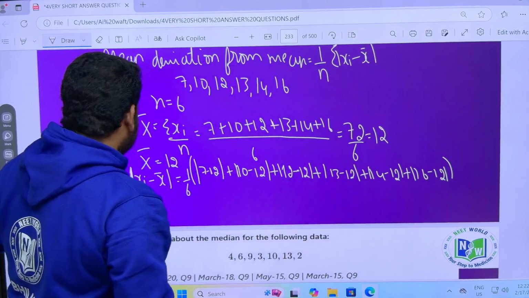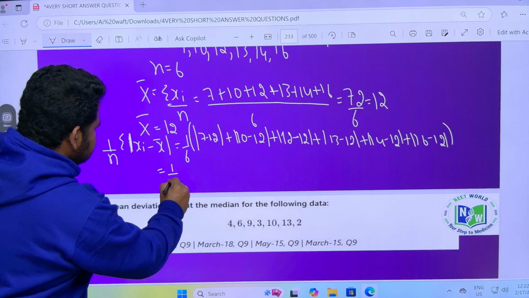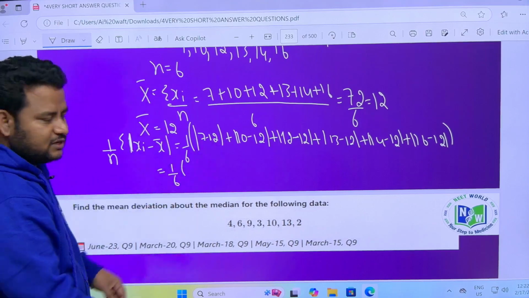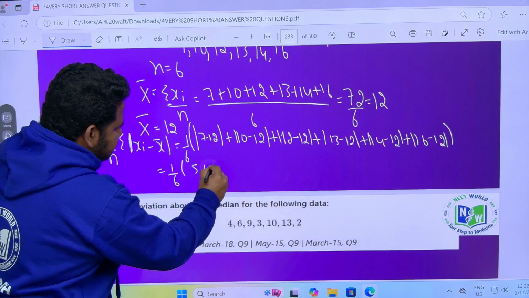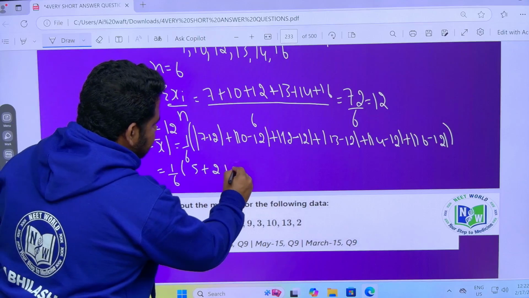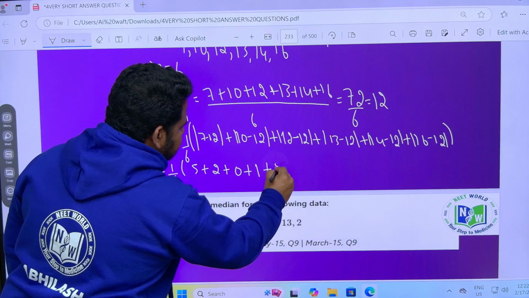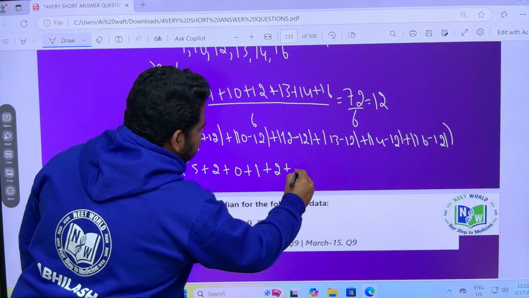So what do we get here, friends? That will be equal to 1 by 6 into 7 minus 12 is 5, 10 minus 12 is 2, because we are taking only absolute values. 12 minus 12 will be 0, plus 13 minus 12 will be 1, plus 14 minus 12 will be 2, plus 16 minus 12 will be 4.